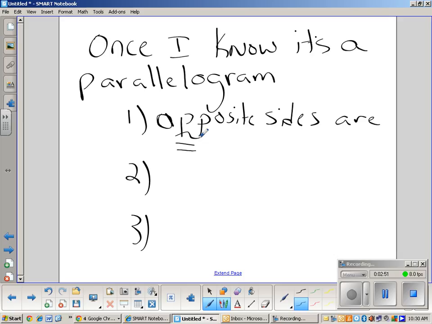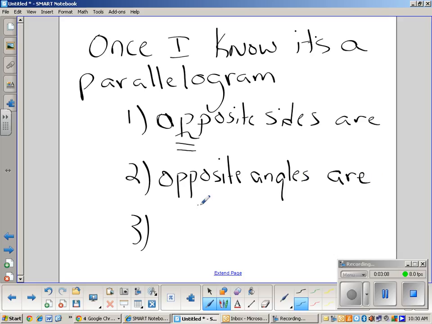Well, let me do it this way. Opposite angles are congruent. Just write it down.